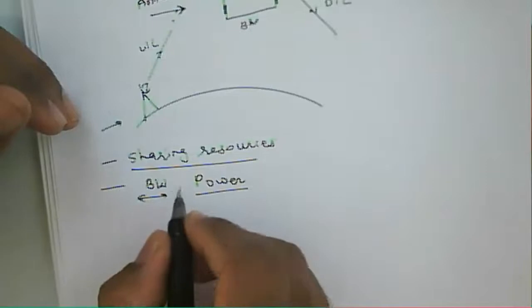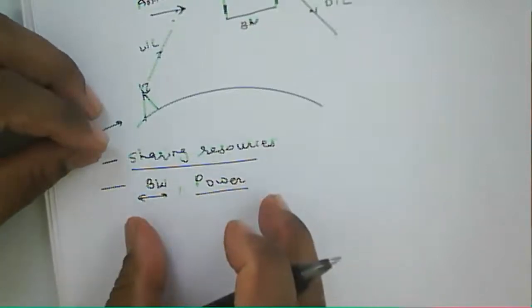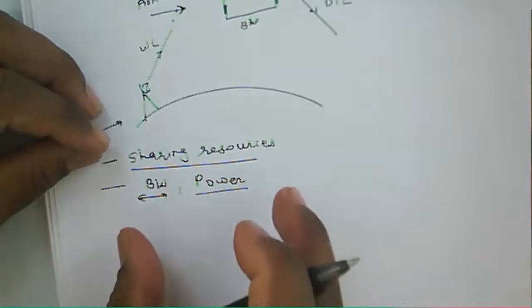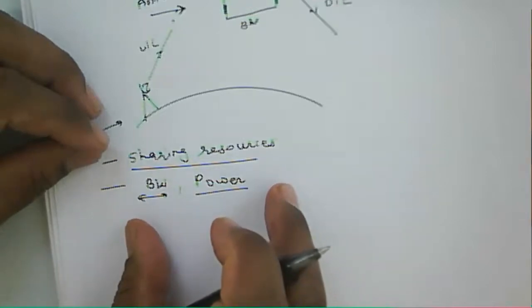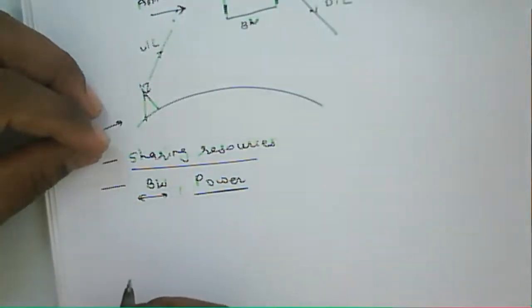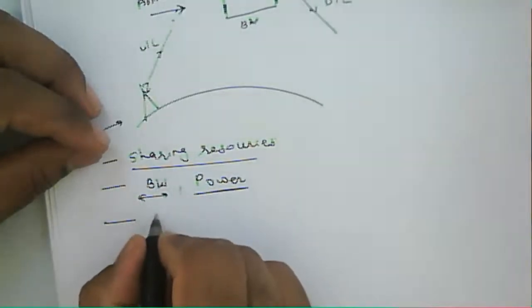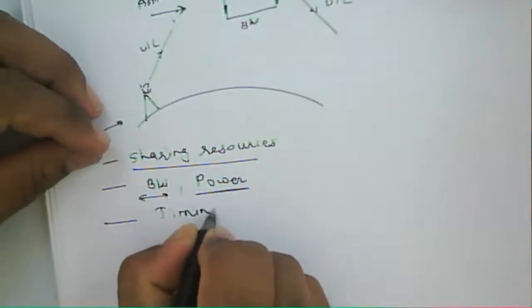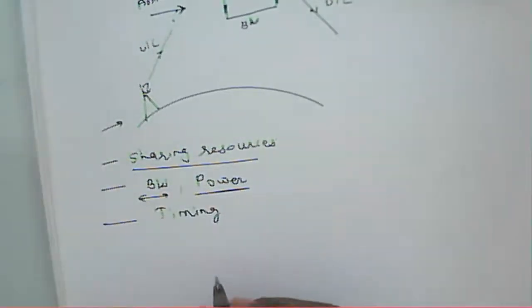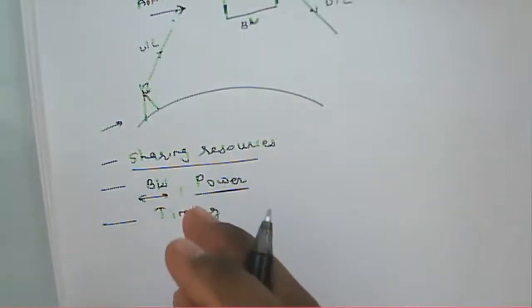So we can say that the spectrum is shared by different or multiple users, and again they share with respect to a particular power. Another way is sharing the time.